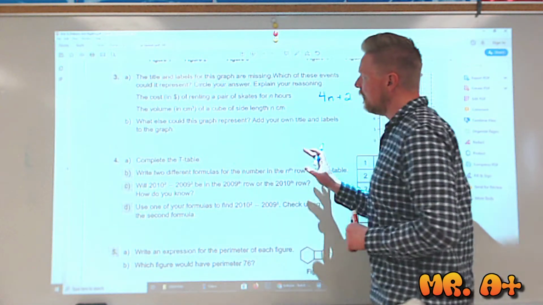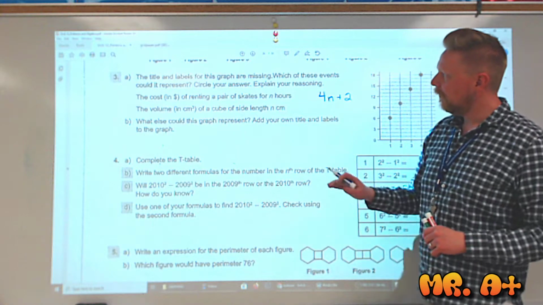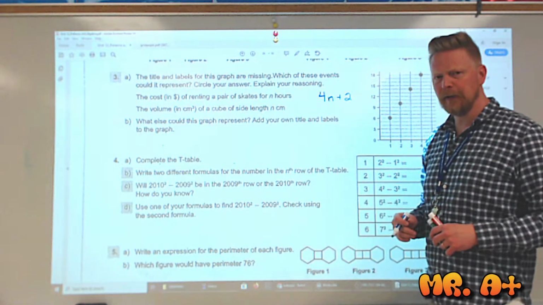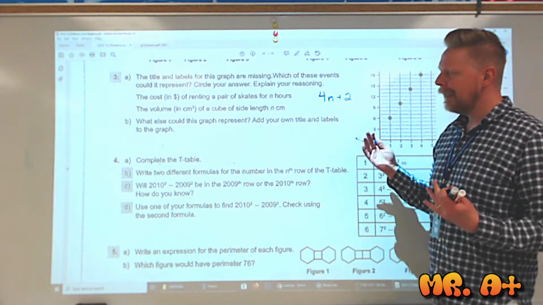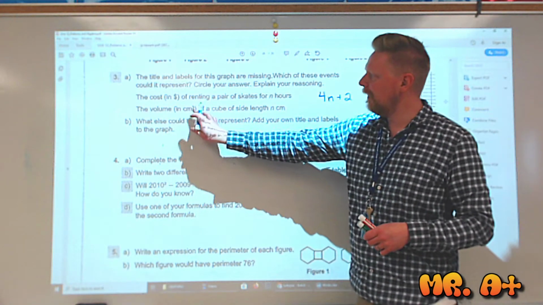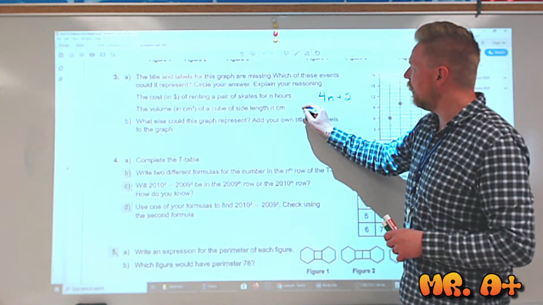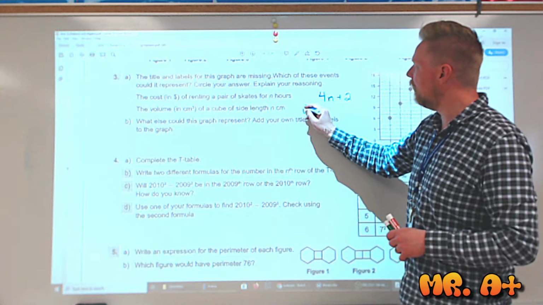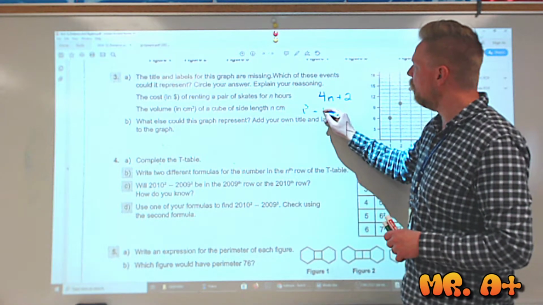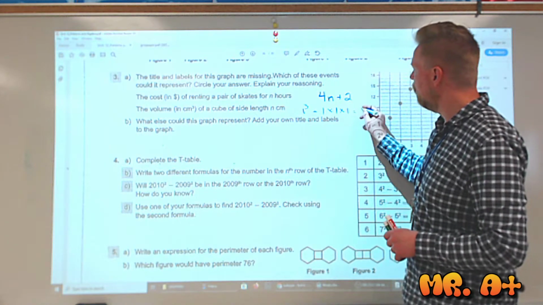Now, would that make sense for a pair of skates rented for n hours, or for the volume of a cube? I was thinking about this for a little bit, and I know that the volume of a cube is a number that's times itself 3 times, right? It's cubed. So if I take an example, 1 cubed equals 1 times 1 times 1, well, that would just be 1.